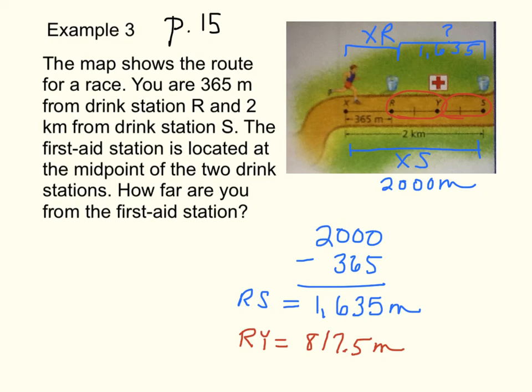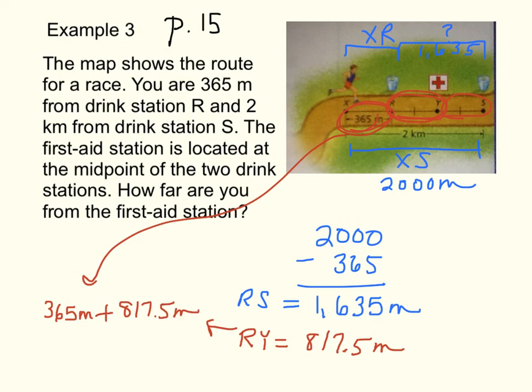So we know 365 meters, plus we now know RY, which is 817 and a half meters. We have to add those together to give us XY. And what is the length of XY?